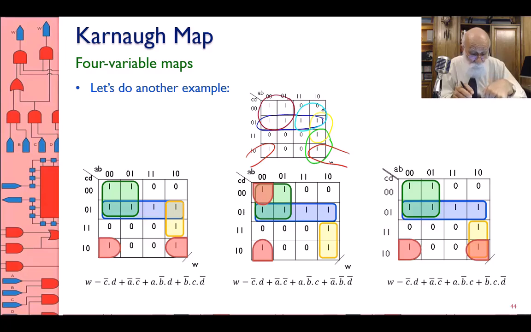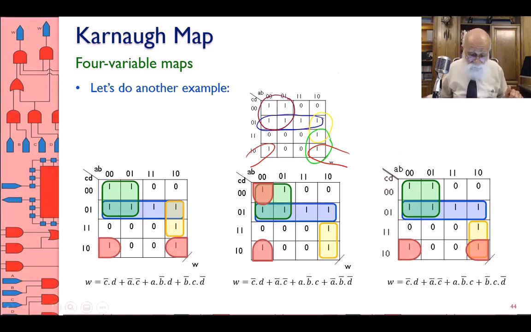Because the dark blue completely covers it. That means the light blue doesn't have anything new in addition to what the dark blue is giving me. It's completely a subset of the dark blue, and therefore it's not a prime implicant. All right. Now let's identify the essentials.